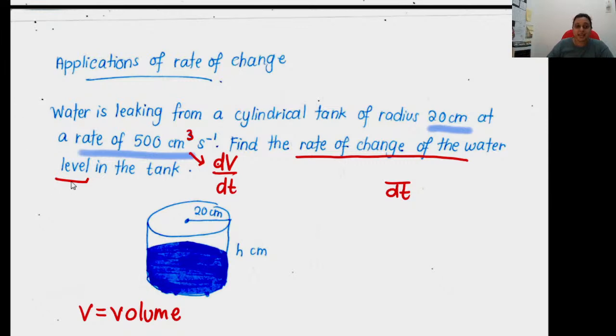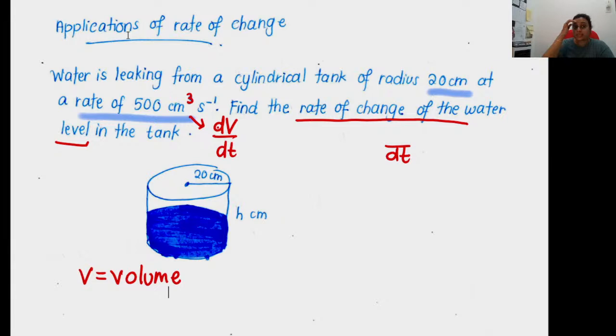You want to use L. If you can, don't go for L, because look at the diagram. The diagram already has water level represented by H, which is height. So therefore, we're going to find dH dt. We use H because the diagram already has H there.